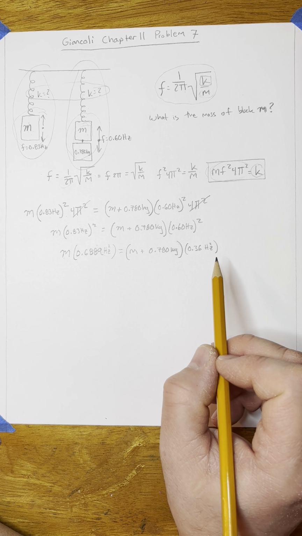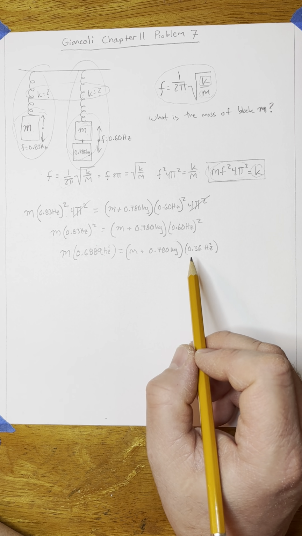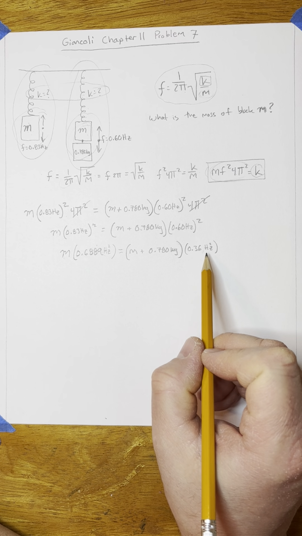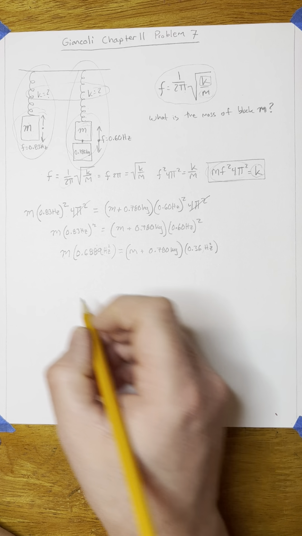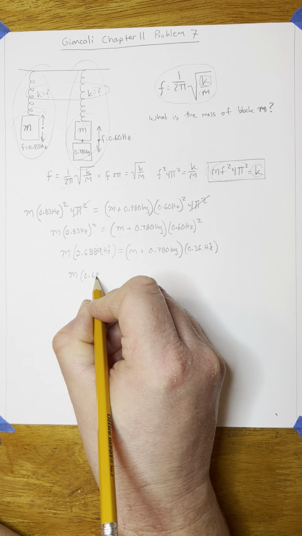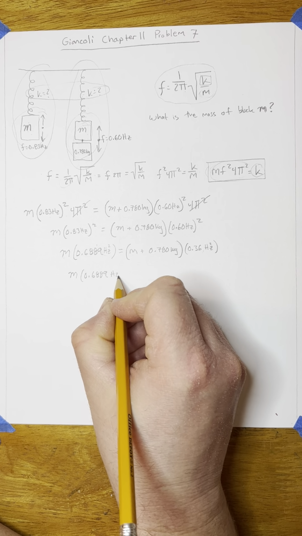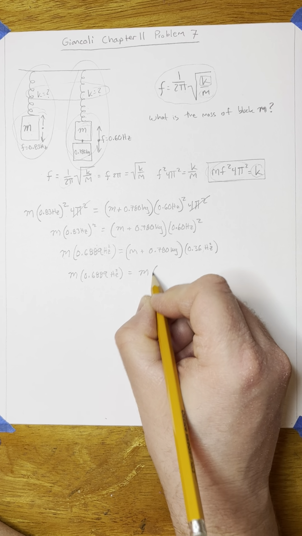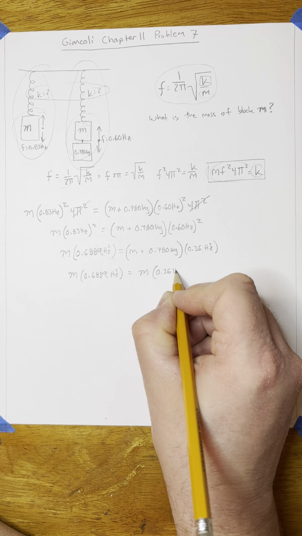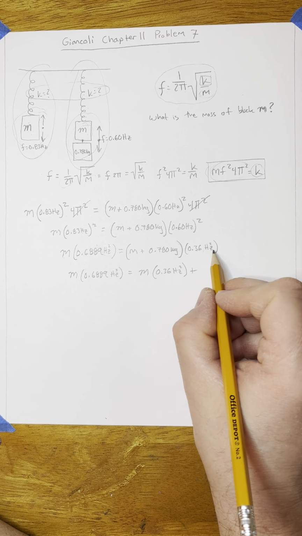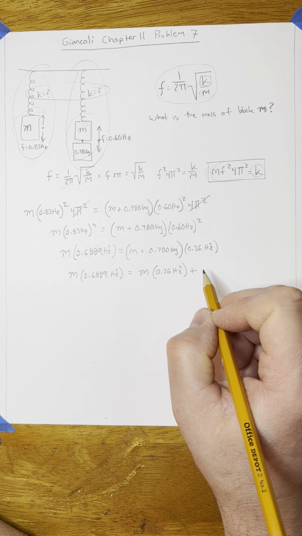The next step is I can go ahead and distribute my 0.36 hertz squared into this. So I'll write m times 0.6889 units of hertz squared is equal to m times 0.36 units of hertz squared plus 0.36 hertz squared times 0.780 kilograms.